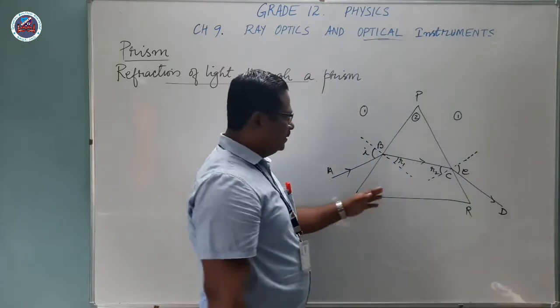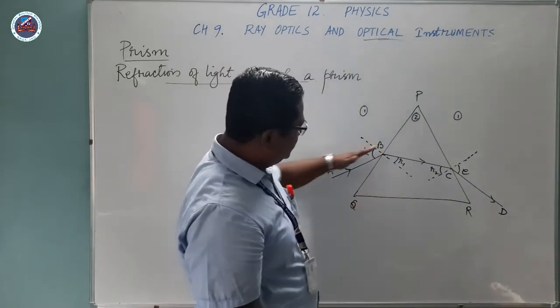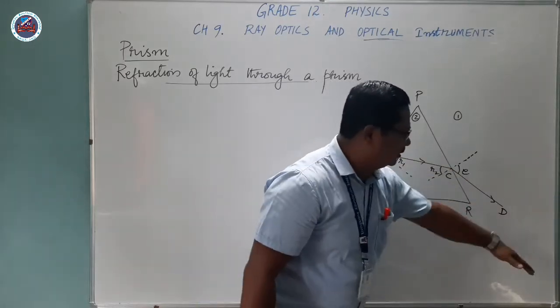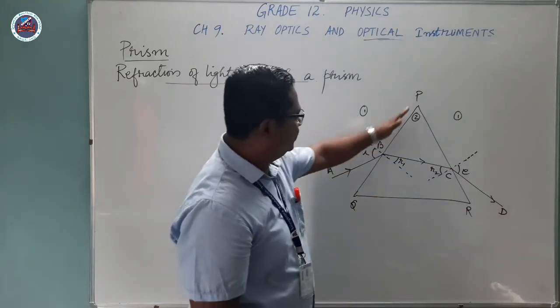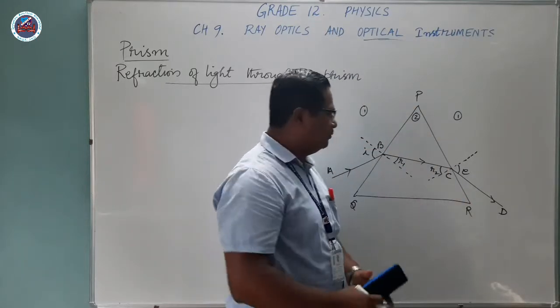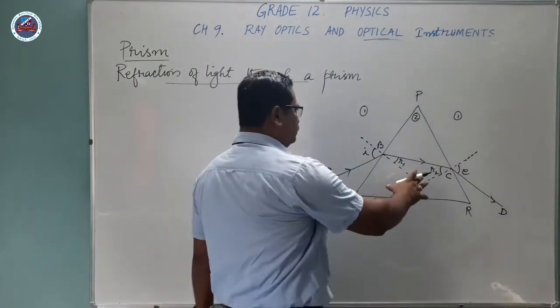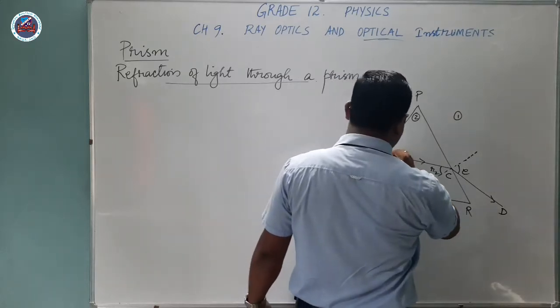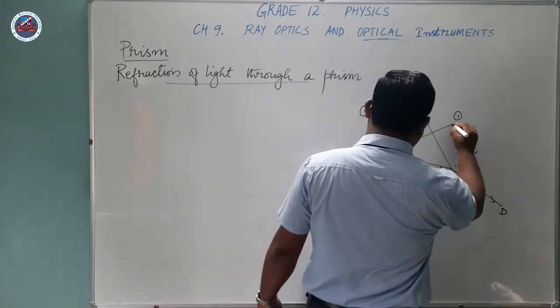Now because of this prism, you can see that light is bending twice towards the base of the prism, because of the position of the surface. If the prism was not present, light would have traveled this way.